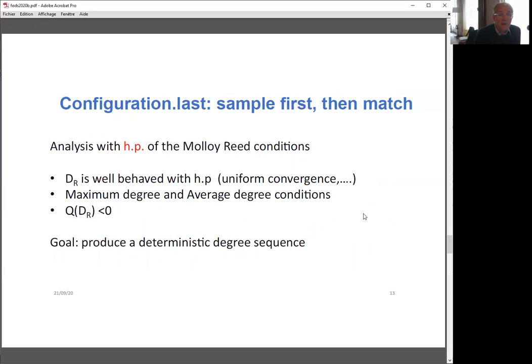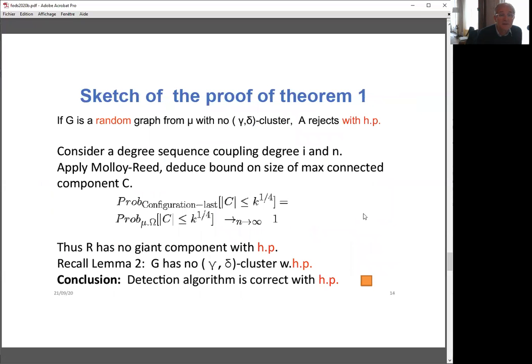So essentially, we analyze the Molloy-Reed condition with high probability, and for this, we produce a deterministic degree sequence that will satisfy this condition, and then once we have this degree distribution, that implies the property with high probability.